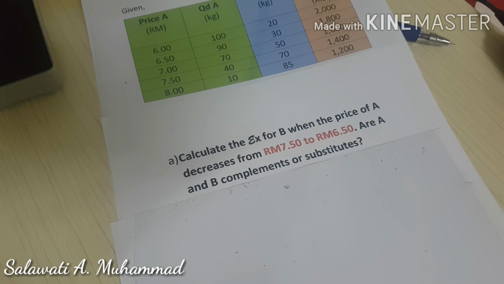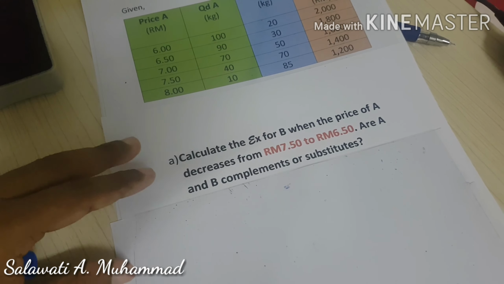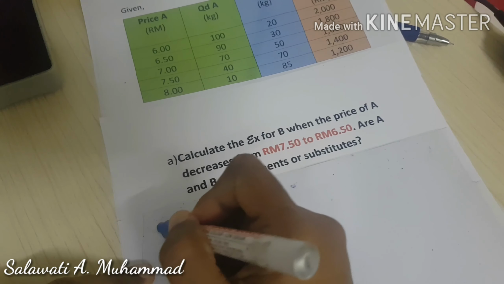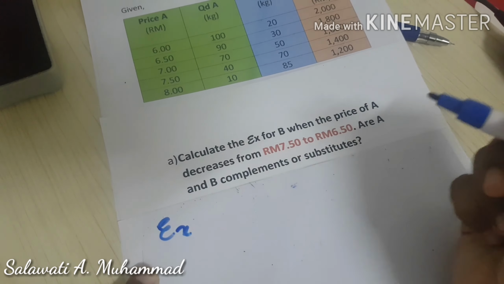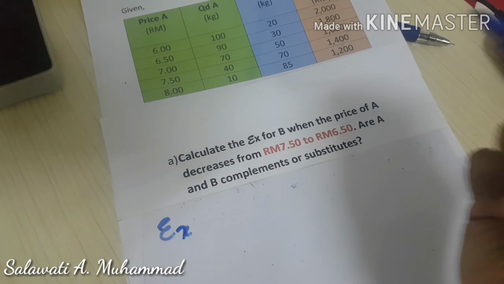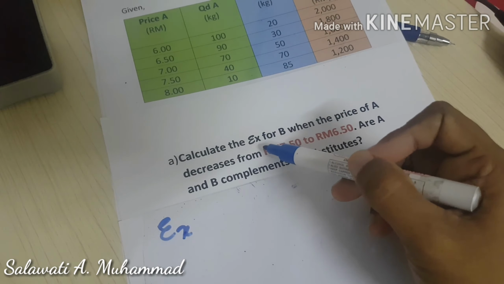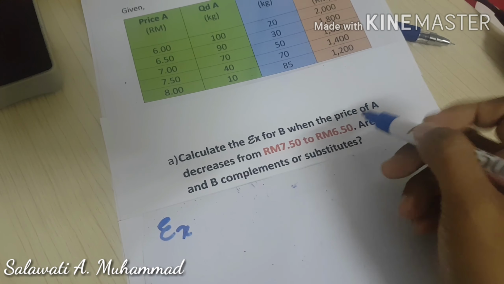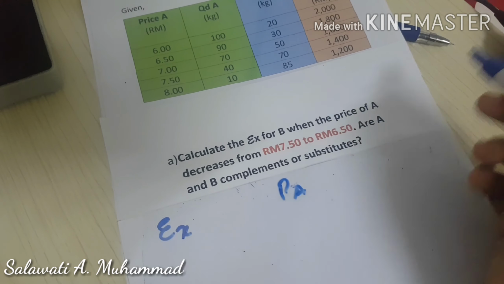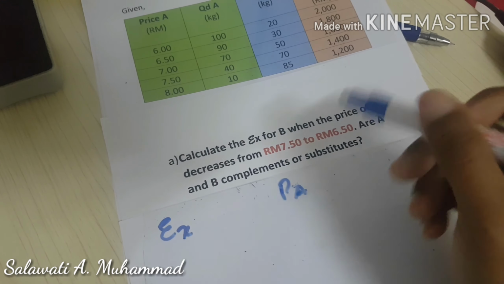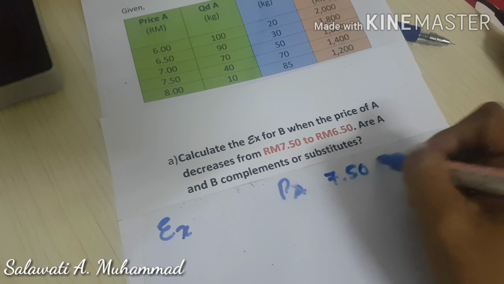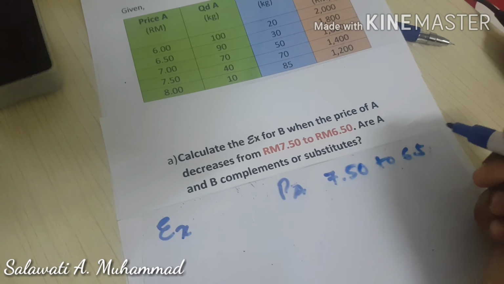Now we go to the next question. This question shows the calculation for cross elasticity of demand. The question is: calculate the cross elasticity of demand for B when the price of A decreases from 7.5 to 6.5.